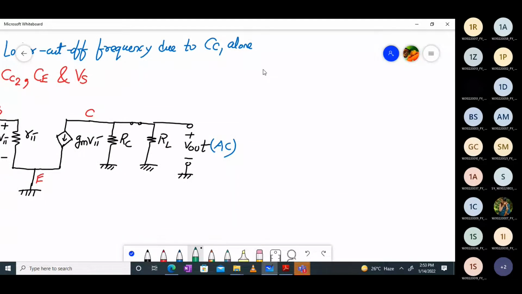So I will draw the same thing in the form of a system, right? So let's say that we have this resistor R sig, and then we have a capacitor, and then we have a voltage source like this, and then we have a system over here.